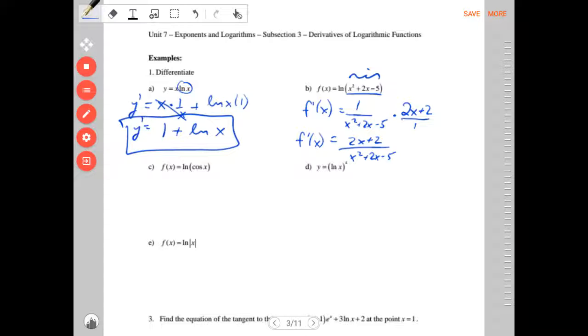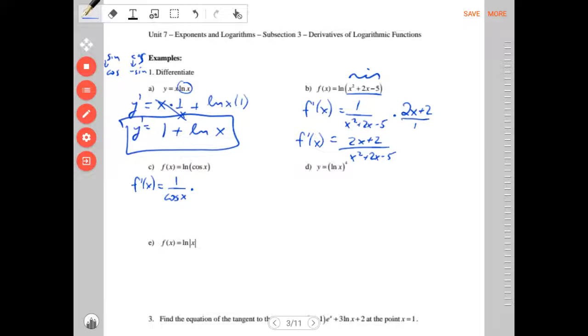Awesome. C is a little funnier. So we have ln of cos x. The derivative of any ln function is just 1 over that function. So 1 over cos x. And then we have to chain rule the cos x. Remember, the derivative of sine is cos, and the derivative of cos is negative sine.